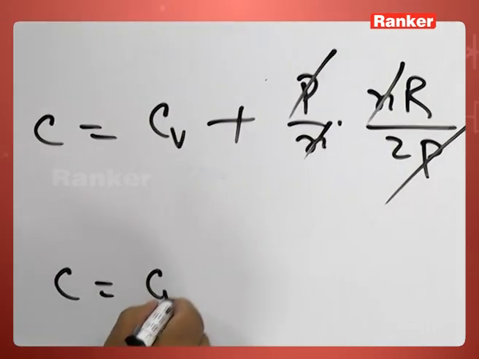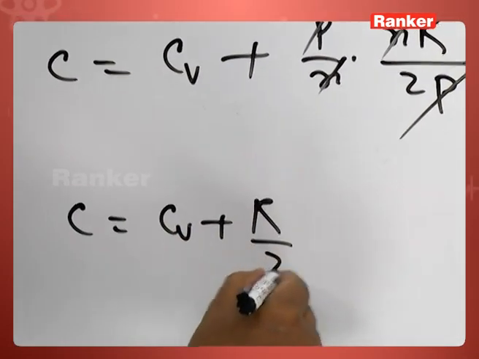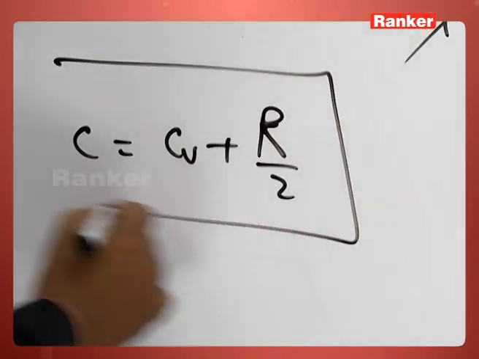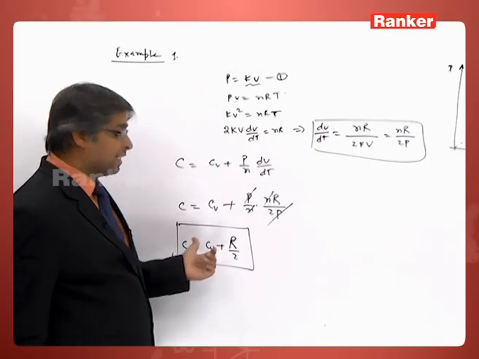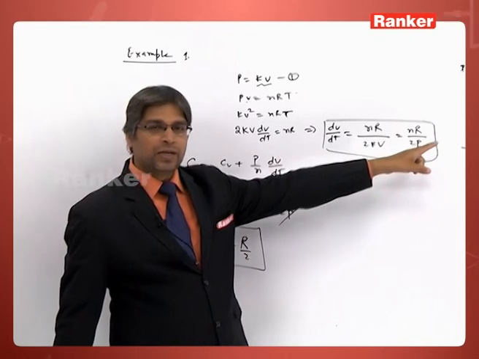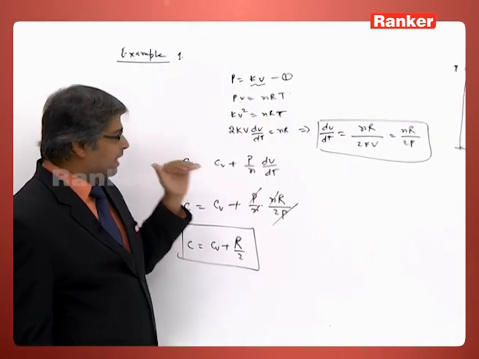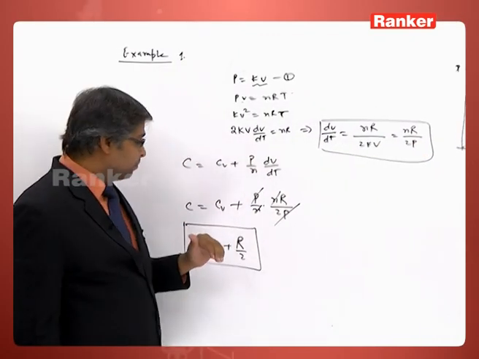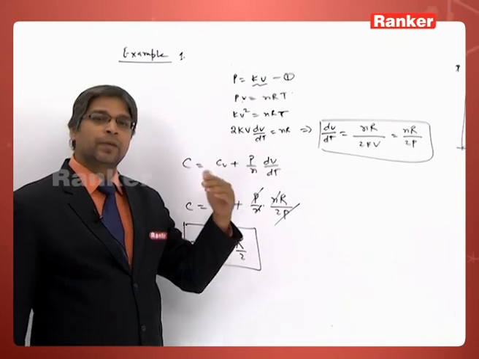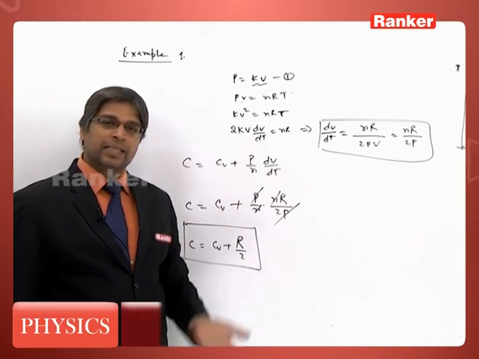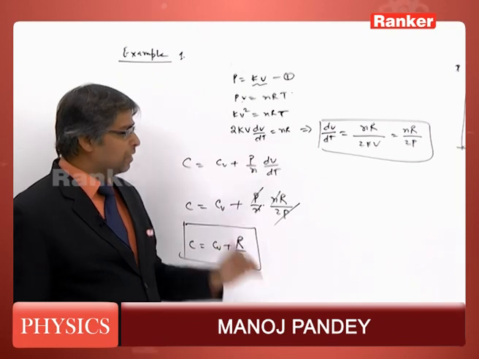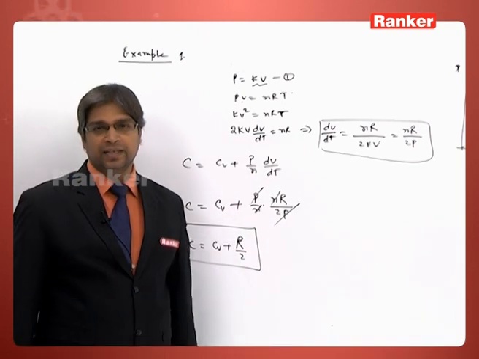So C is equal to CV plus R by 2. This is the specific heat for this process. So you see, in different examples we have seen how C depends on the process. There are infinite number of processes, so there are infinite values of C for an ideal gas.